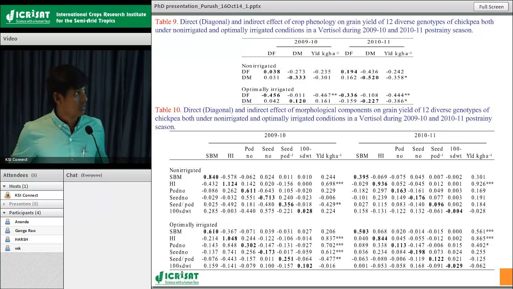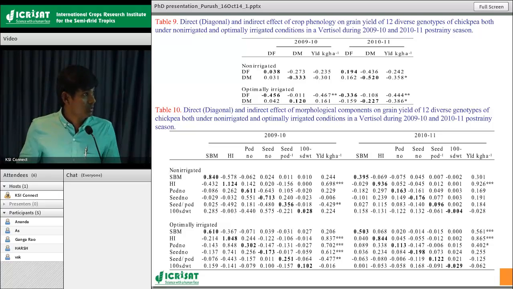But among the morphological yield components, harvest index showed a consistent significant contribution to yield, and shoot biomass had a positive contribution but not significant to that extent. As well, the pod number also showed a significant positive correlation with the yield.